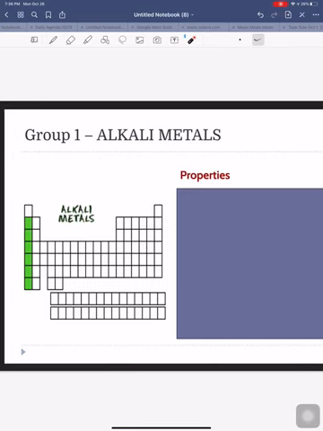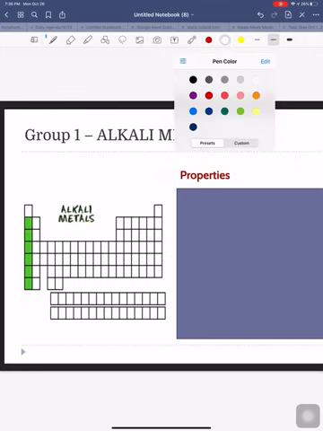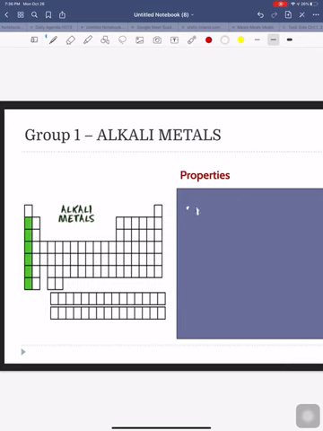Properties of alkali metals, real quick: group 1s are the most reactive metals on the planet. They are the most willing to jump into bonds with nonmetals. They're very, very highly reactive. Put sodium in water, it will explode viciously.